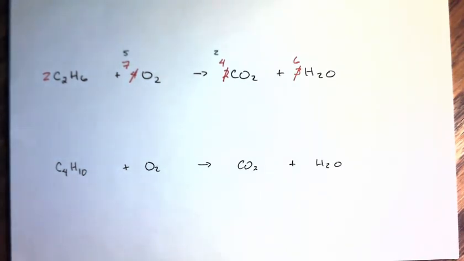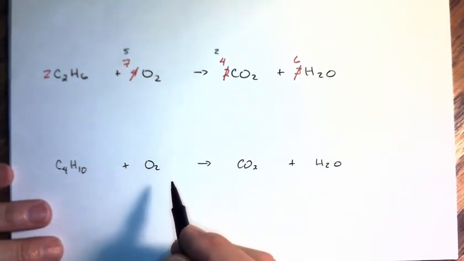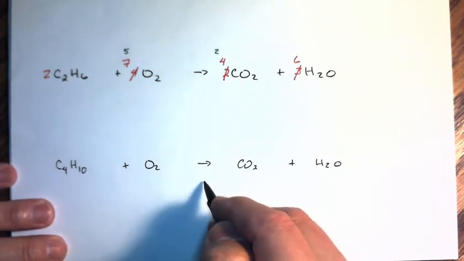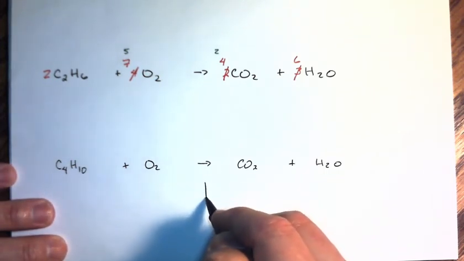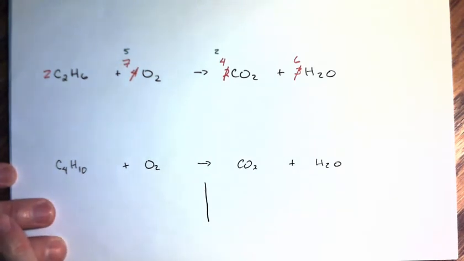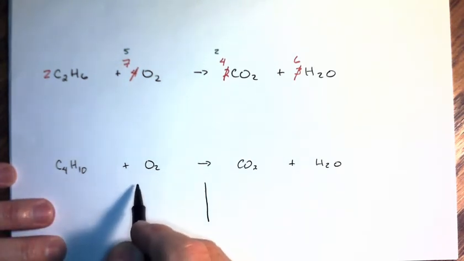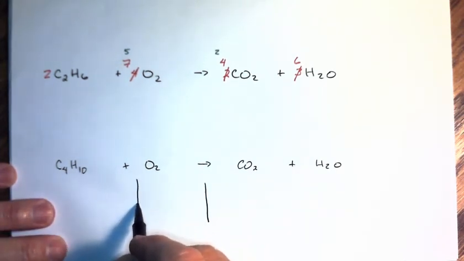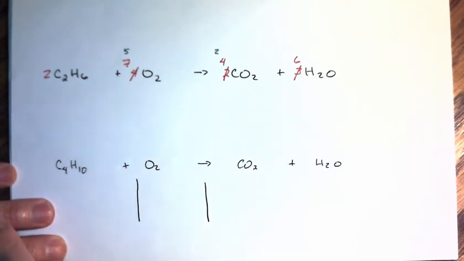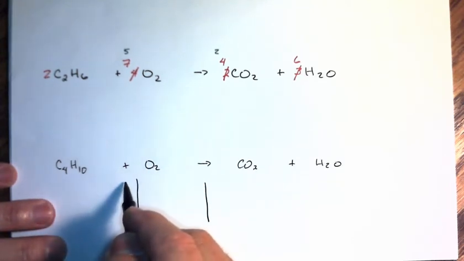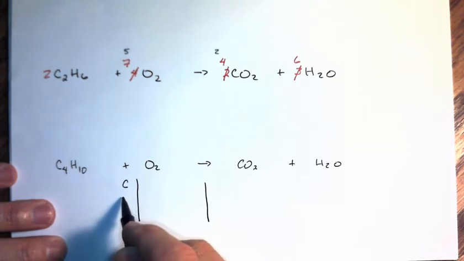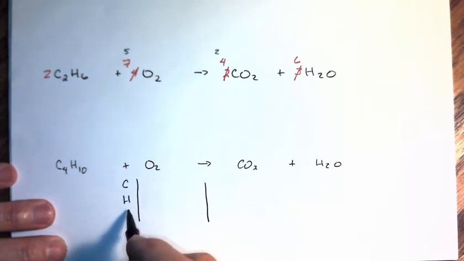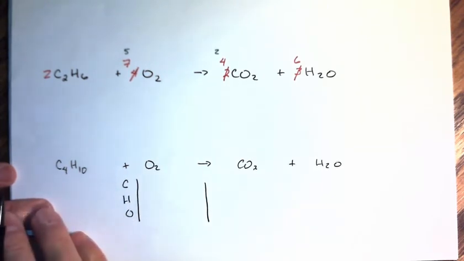Okay? And to do an atom inventory, you want a vertical line underneath the arrow. You want a vertical line somewhere over here to the left. And you want to write the elements vertically like this. Okay?